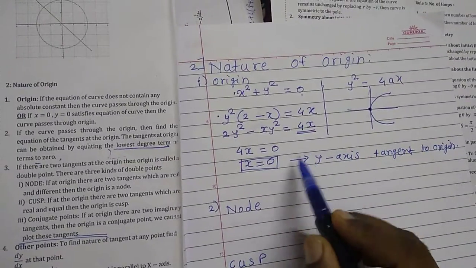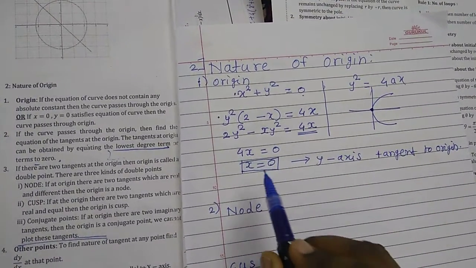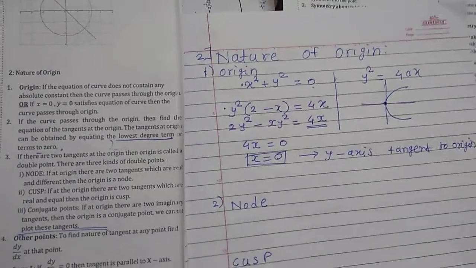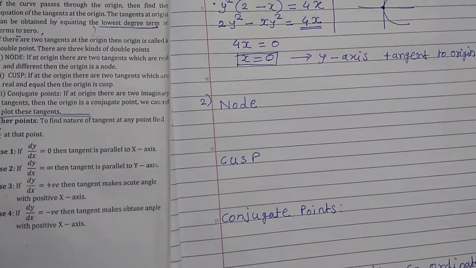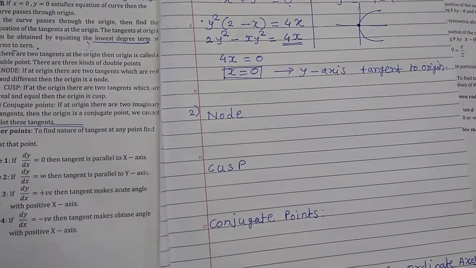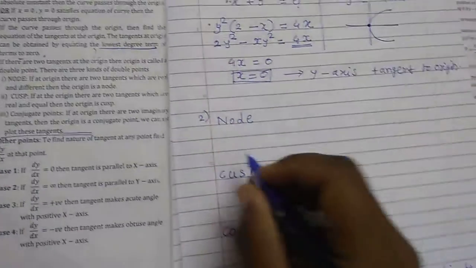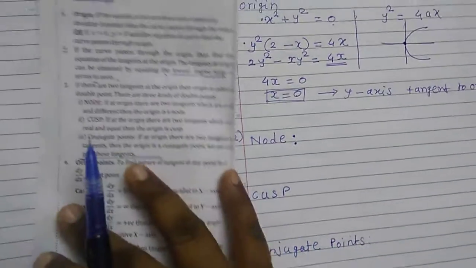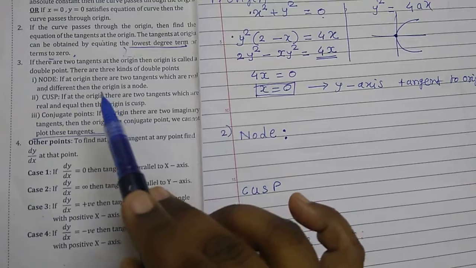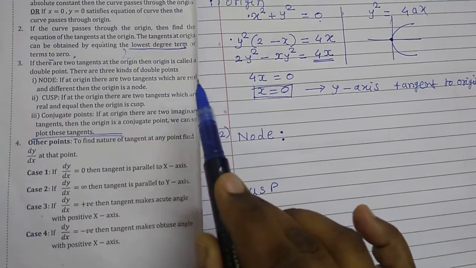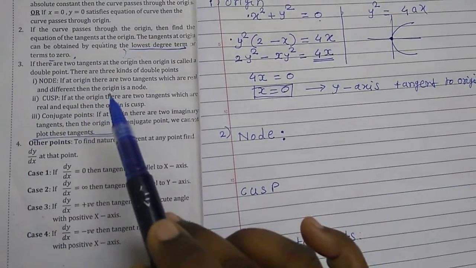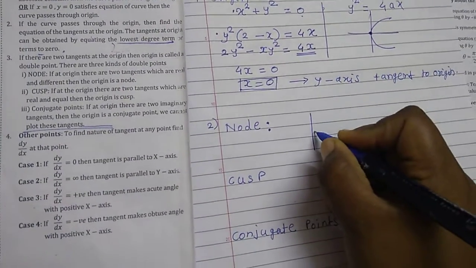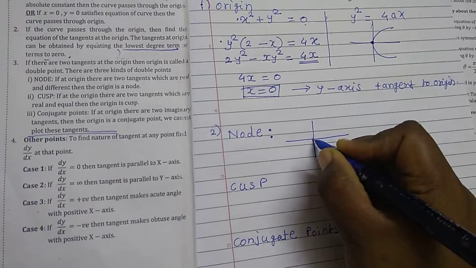Okay. By checking nature of tangent, we can see whether we have node, cusp or conjugate point at origin. So what is node? If at origin there are two tangents which are real and different, then the origin is node. So node is this.